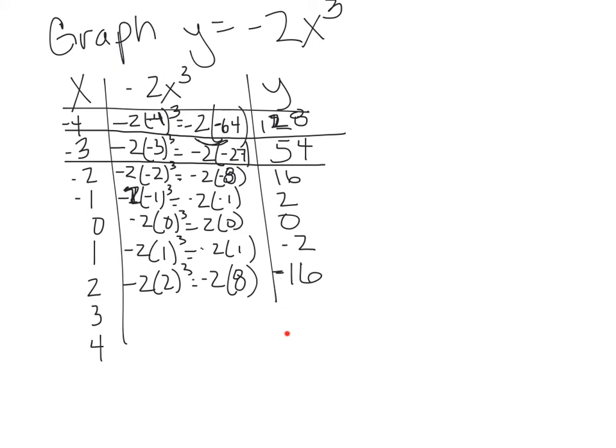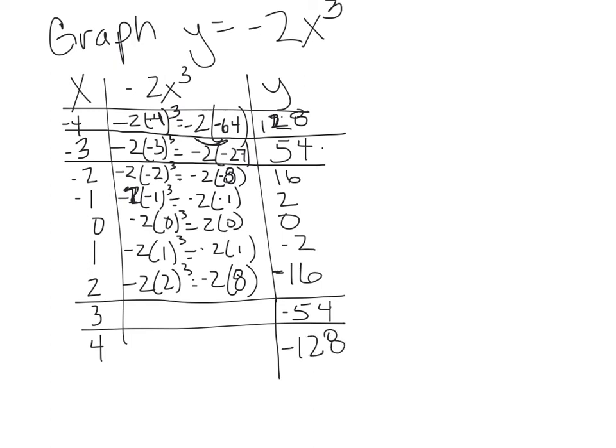And so that pattern is going to hold because we're doing the same operation to the base. It's just in one case that base is negative, in the other case that base is positive. So I'm just going to go ahead and know that my 3 is going to mirror this, only be negative 54. Now my 4 is going to mirror my negative 4 and be a negative 128. But just be careful, it doesn't always match up with the same input value.